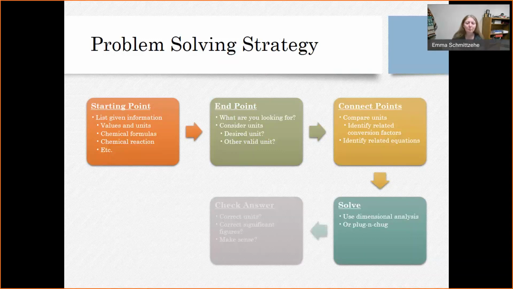Now, once you do that, be sure you check your answer. And when I say check your answer, it doesn't always mean what you think it means. It doesn't necessarily mean check whether your answer is right, because you may not have access to that, right? But when I say check your answer, I mean, think about whether there's a good chance that I'm right, or at least very close to on the right track.